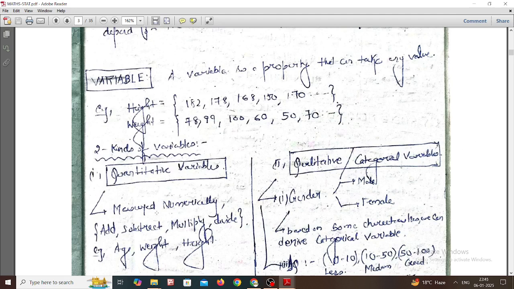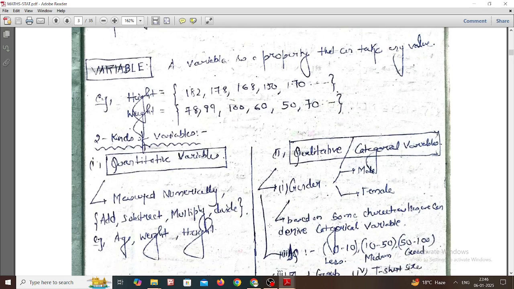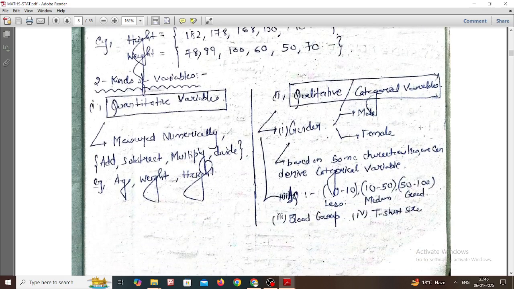Quantitative variables are what? Measured numerically. Like we may add, subtract, multiply, divide on these variables. Example: age, weight, height. Qualitative or categorical variables, examples: gender, blood group, t-shirt size, IQ.